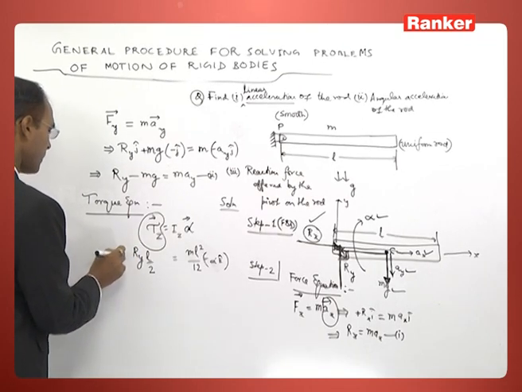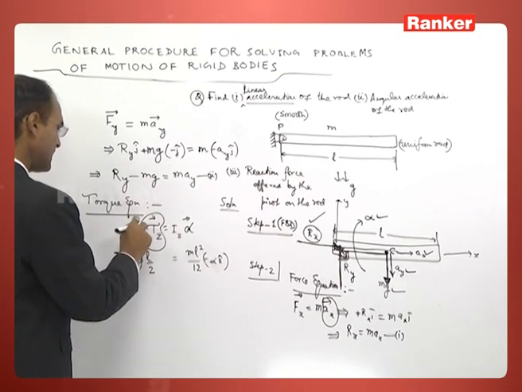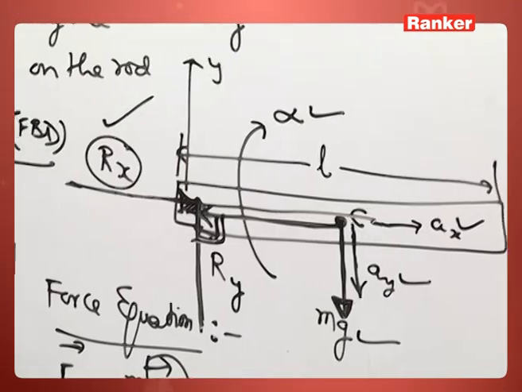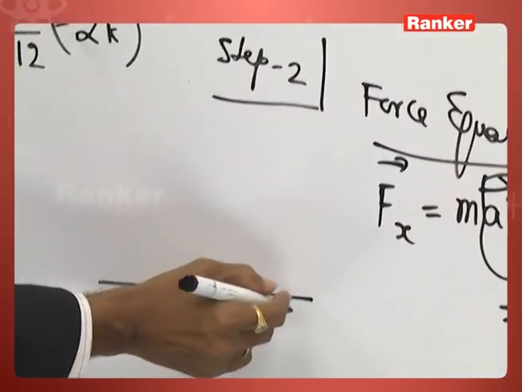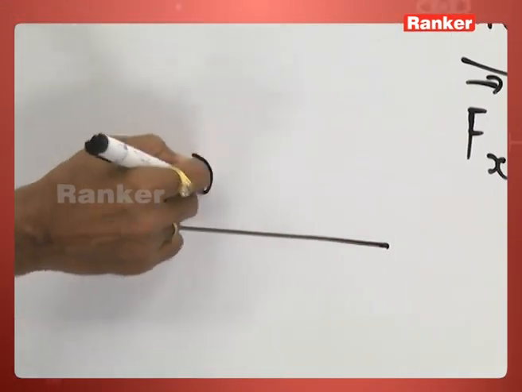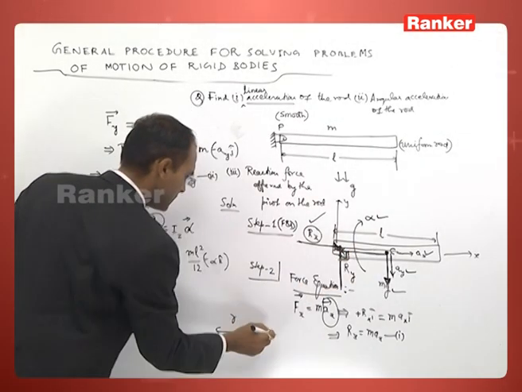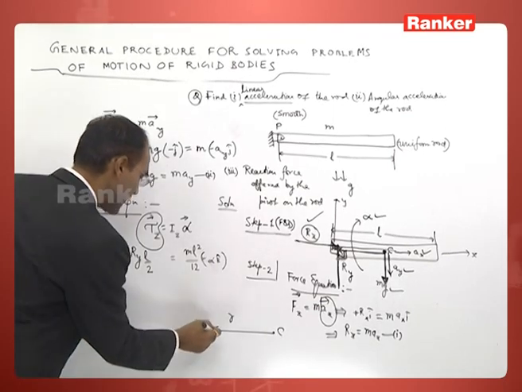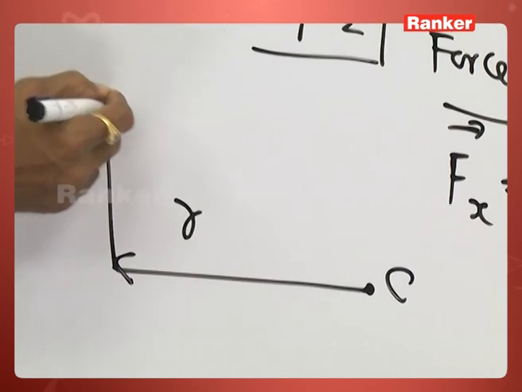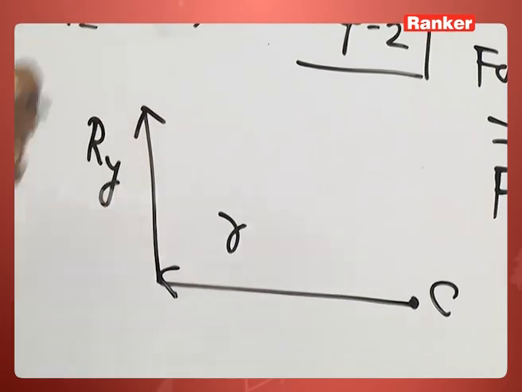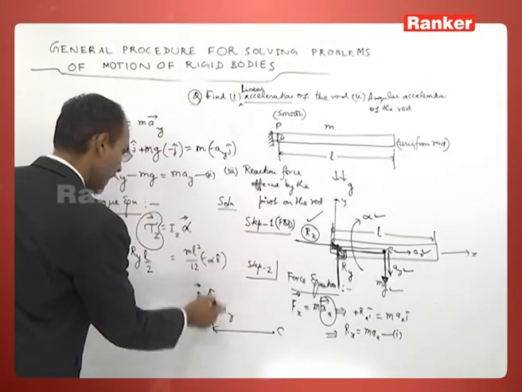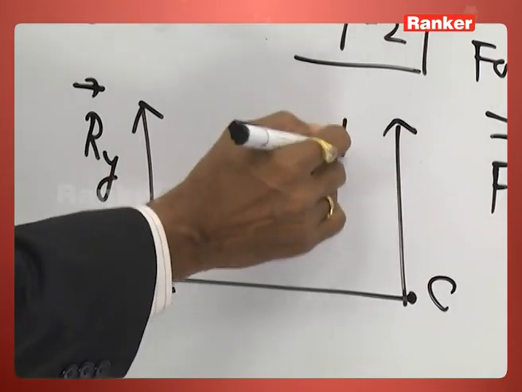Then we can write the tau z direction. This is R, this is the center of mass, this is the point where the force is acting. Which force? Ry. Ry is acting up. R vector and Ry vector. Bring the tails of these two vectors to a point.